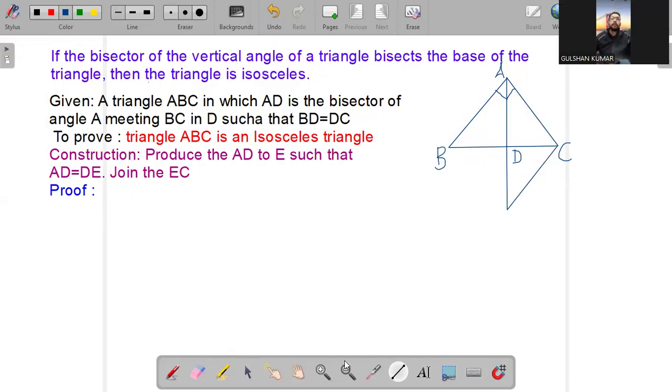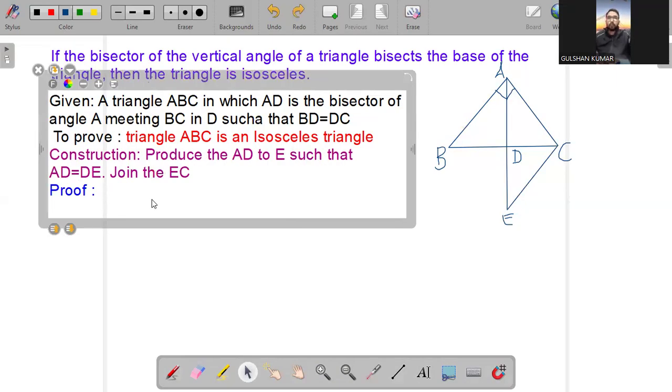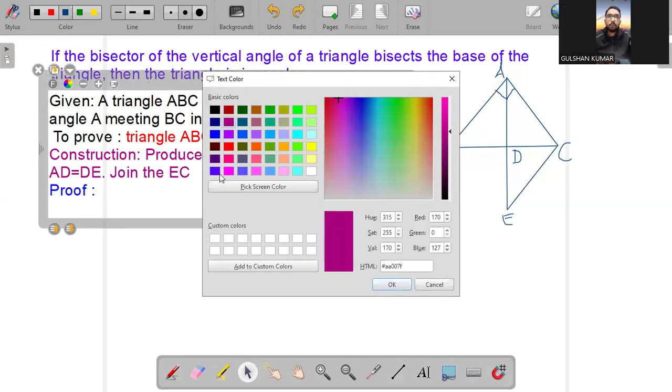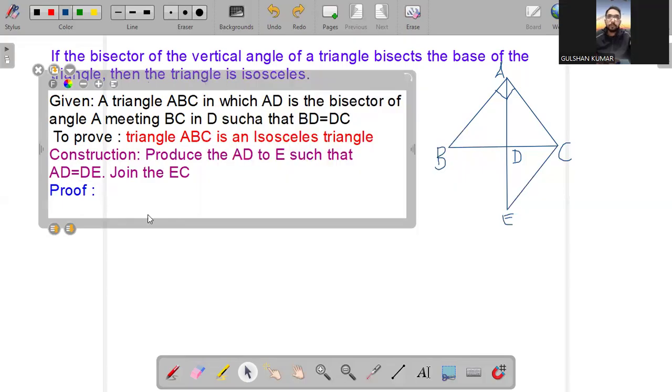We say that this one is point E, so that AD equals DE, which is this one, and we have to join EC also. Is it clear here? Now, further, we have to prove that ABC is an isosceles triangle.